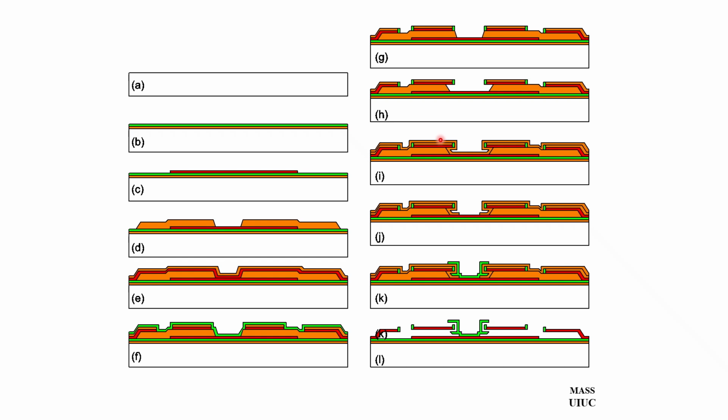After this, you can deposit yet another sacrificial layer and then coat it with another silicon nitride material. The silicon nitride material, as you can see, will reach underneath the first polysilicon layer, would reach underneath the rotor material and form a shelf that can support the rotor from falling to the substrate.